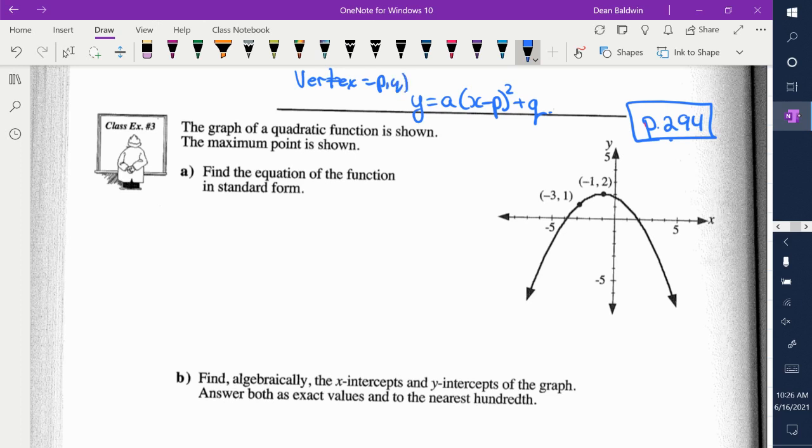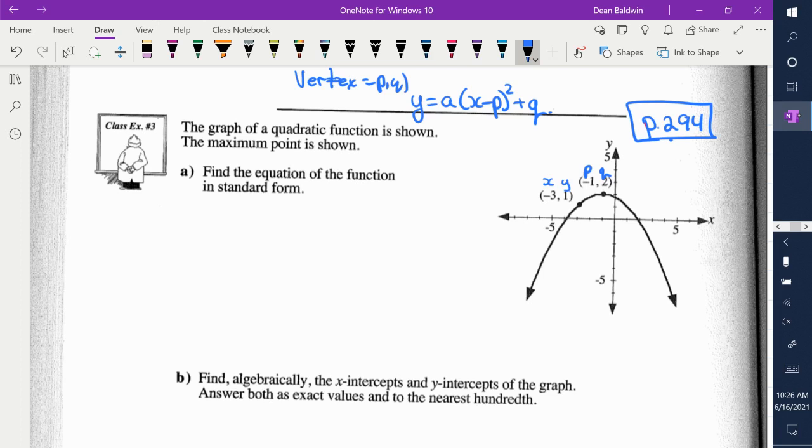On this graph, do I have the vertex? I do. -1 and 2, right? So that is P and that is Q. Do I know what X and Y are? I do. They give you another point. So the only thing I have to figure out now is A.